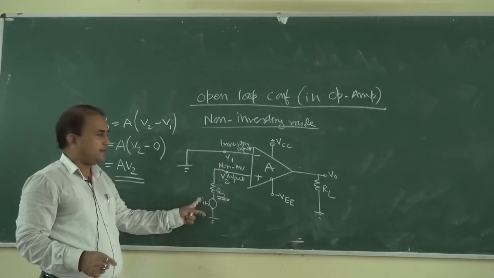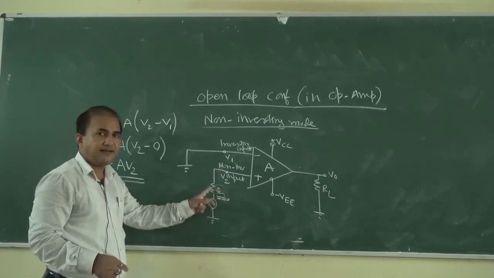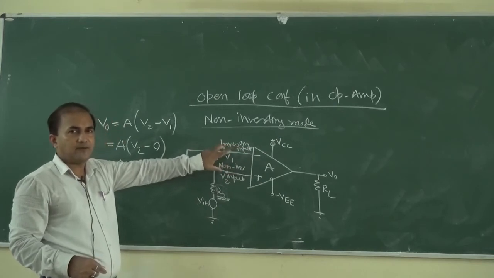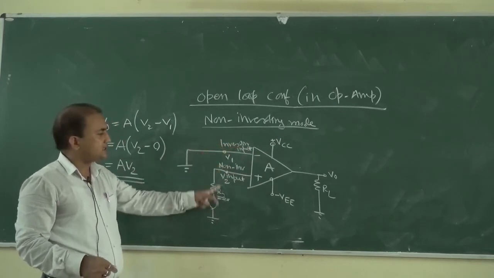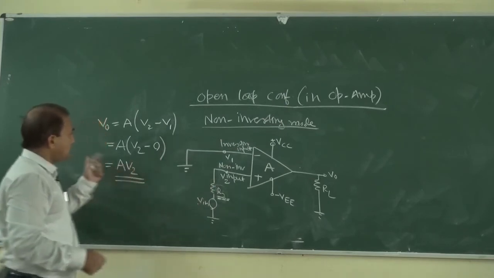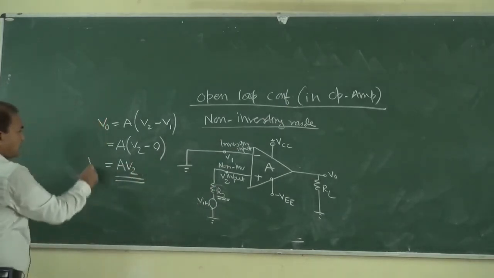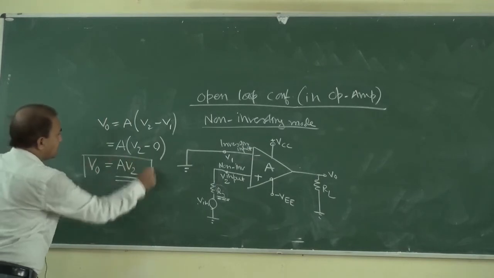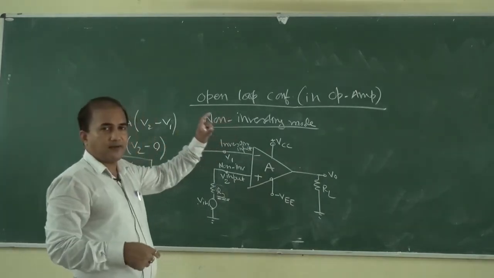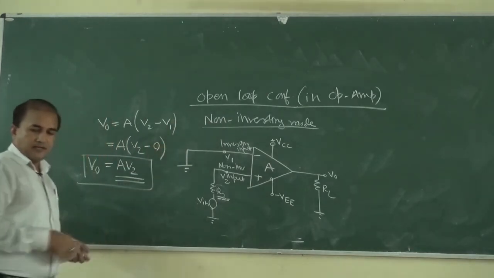V2 and Vin both are same, because R2 is very less in comparison with the input resistance of the operational amplifier. So the voltage drop across this R2 is 0. So we can say that Vin is equal to V2. So this is the expression of V output in case of non-inverting open loop configuration of an operational amplifier.